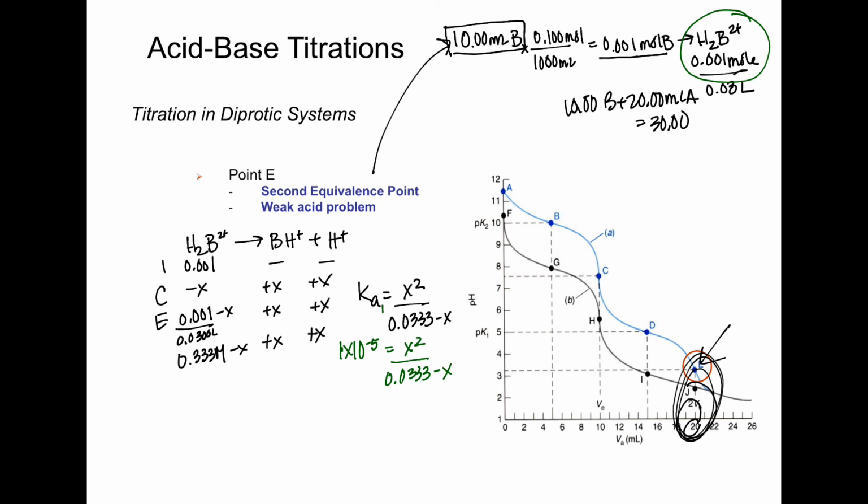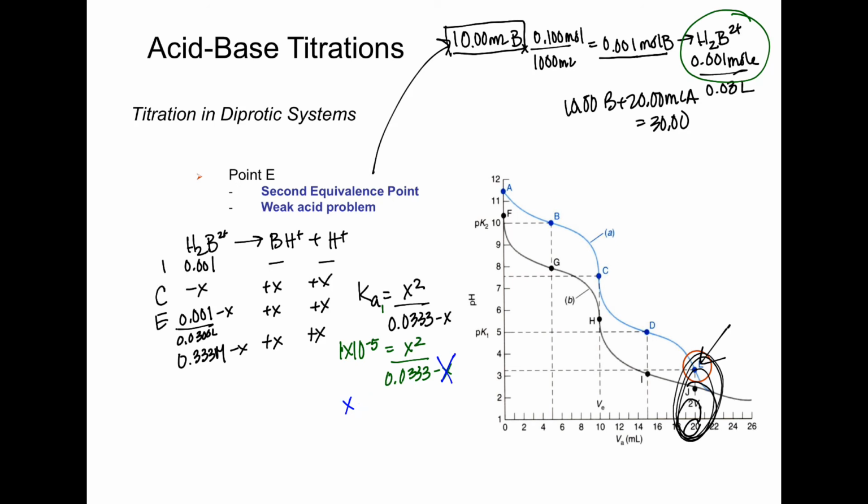This times 1,000 is 1 times 10 to the negative 1, so 0.01, that is still less than this. So the initial concentration is more than 1,000 times my Ka. So I can say that plus x and minus x is inconsequential here. And then it makes it easier to calculate x.